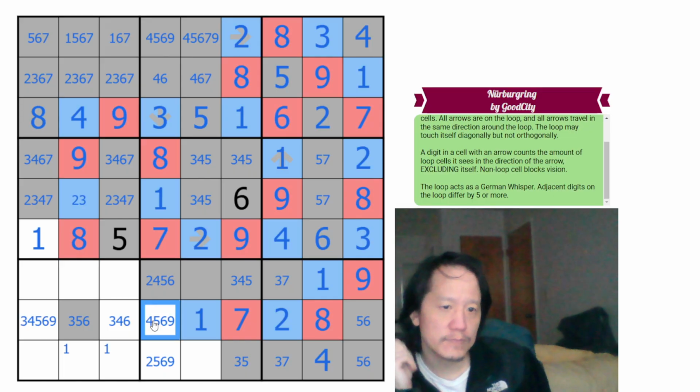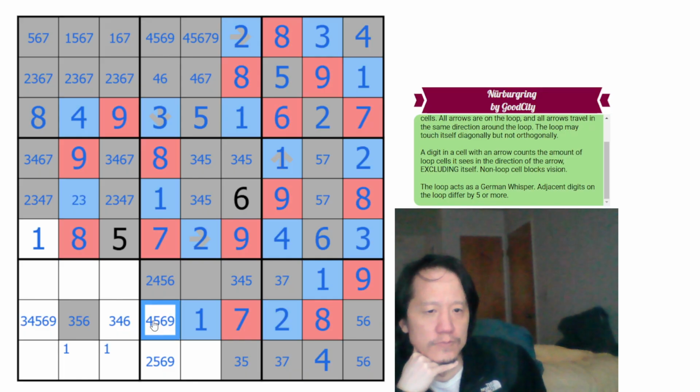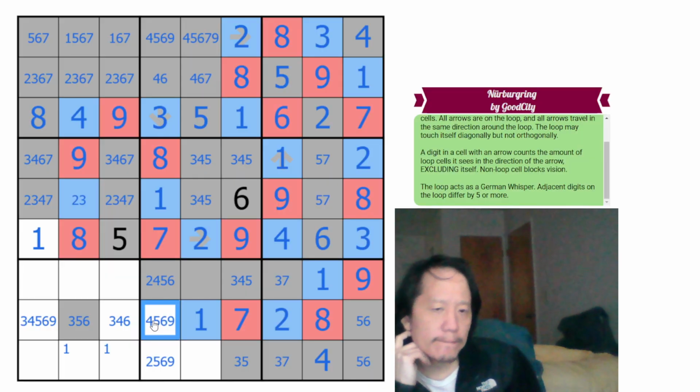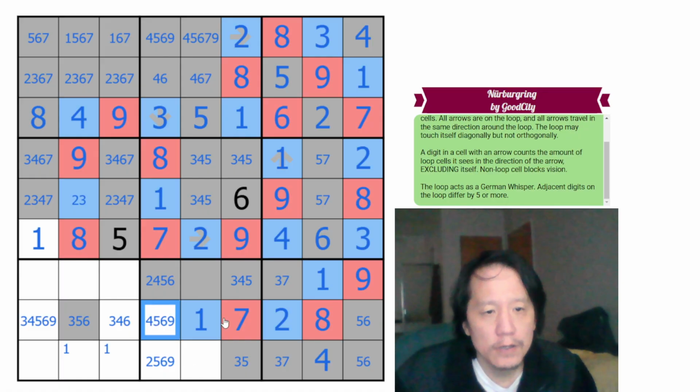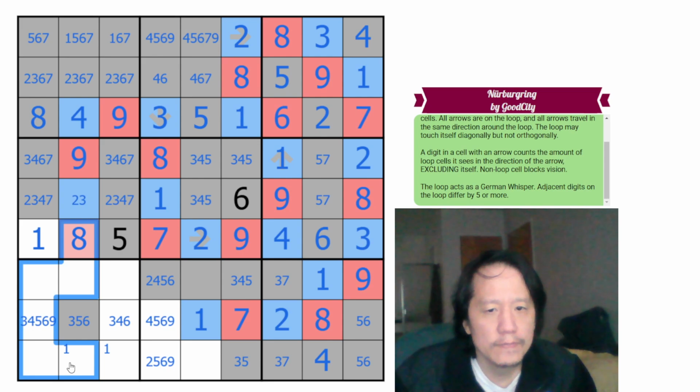Let's see. One of these two does have to be a high, just to connect, right?